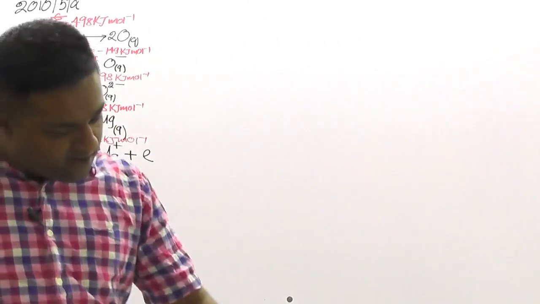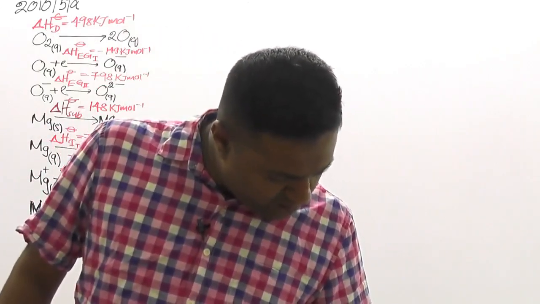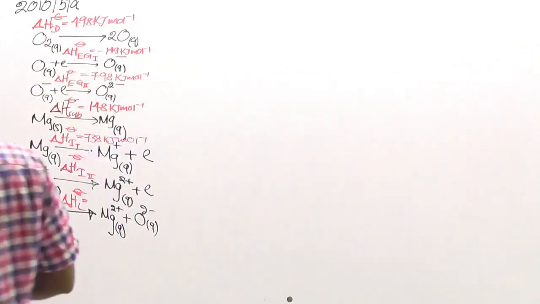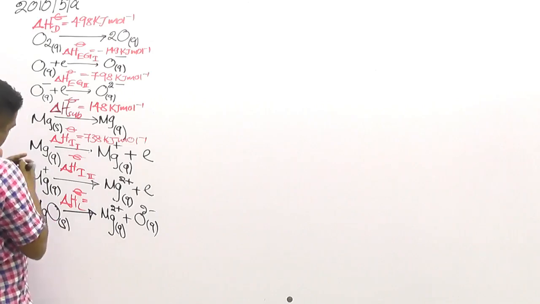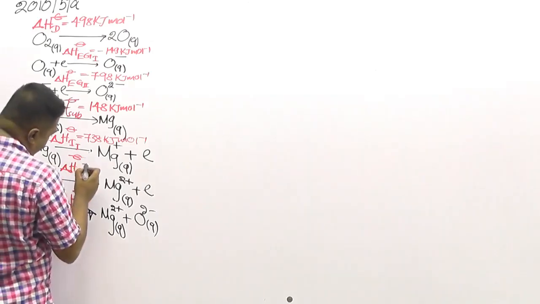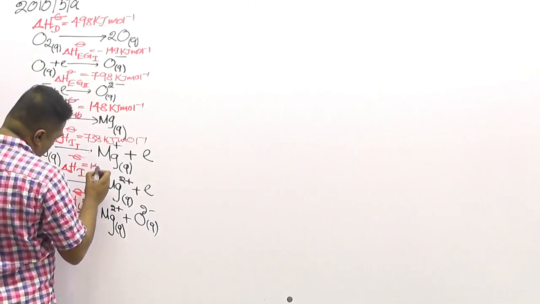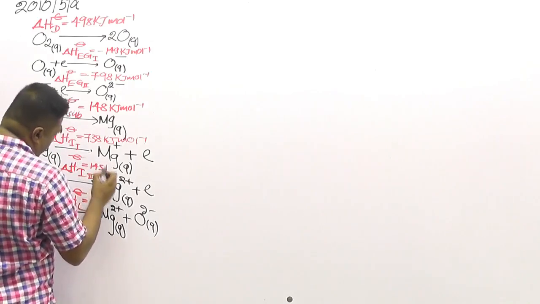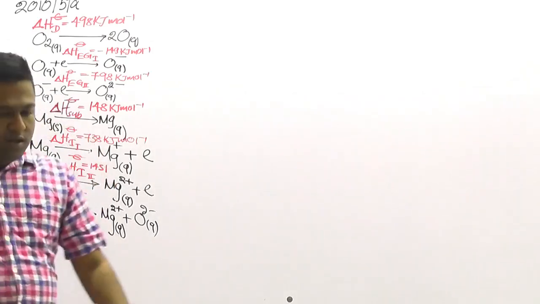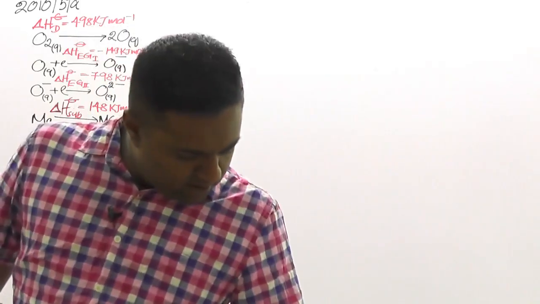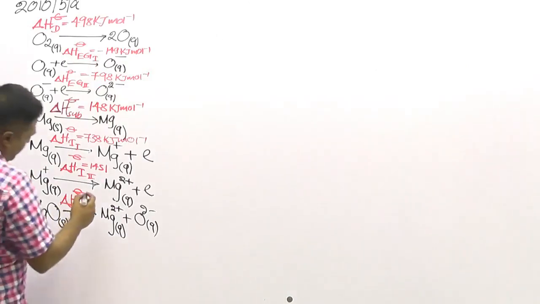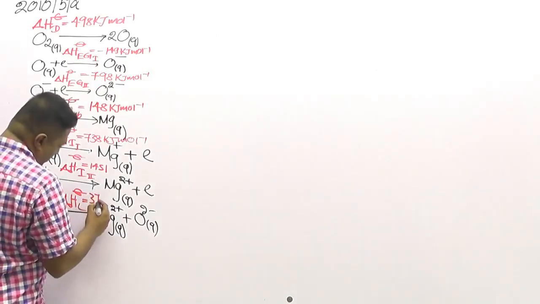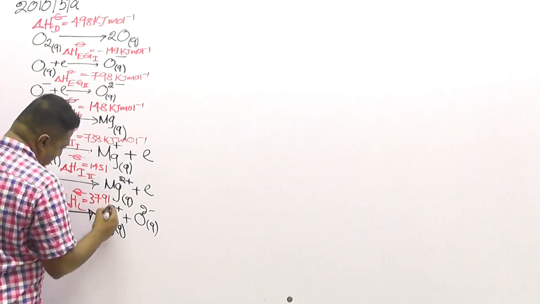So the values: I1 is 738. Second ionization energy 1451. Then lattice enthalpy 3791.